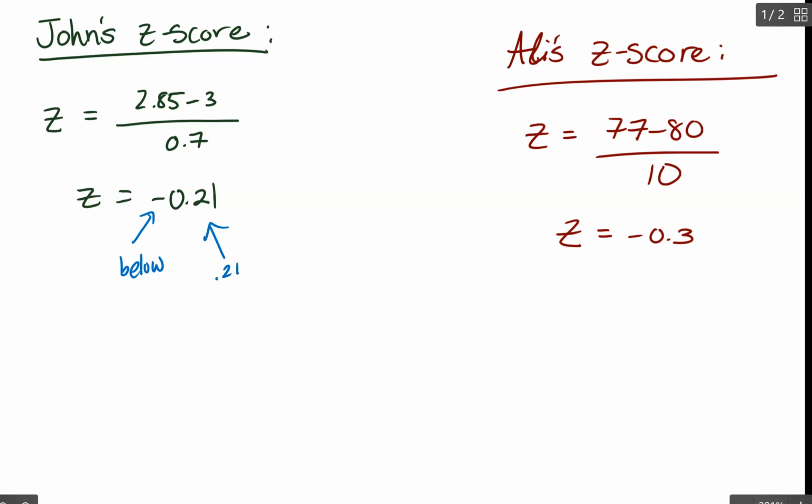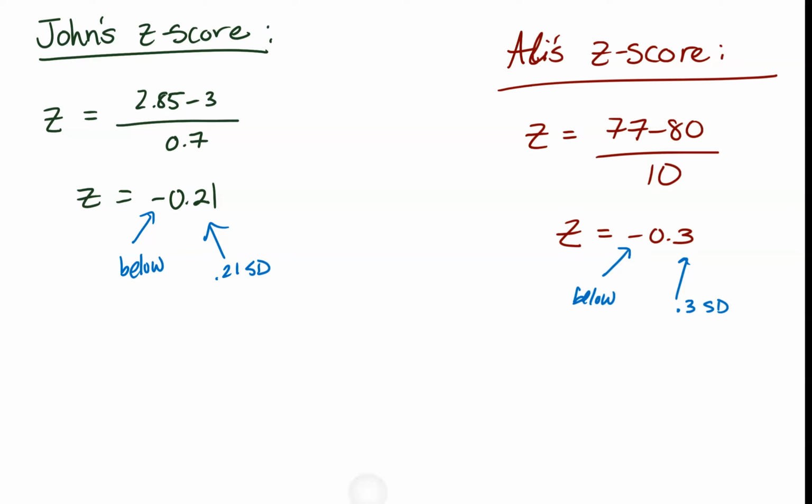And Ali's is also below the mean, but it is 0.3 standard deviations below the mean. So whose GPA is better? John's is better. John's GPA is 0.21 standard deviations below the mean, which means he did better when comparing to each of their schools because it's closer to the mean, or it's not as far below the mean.